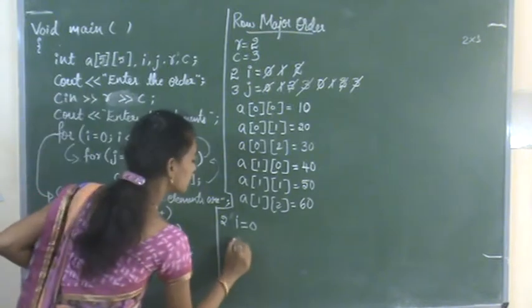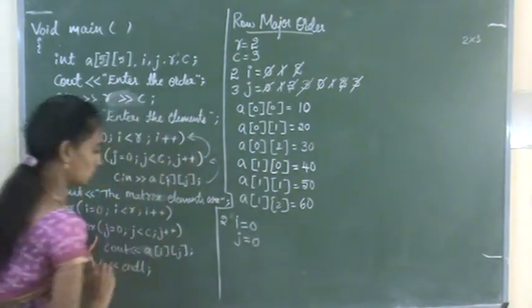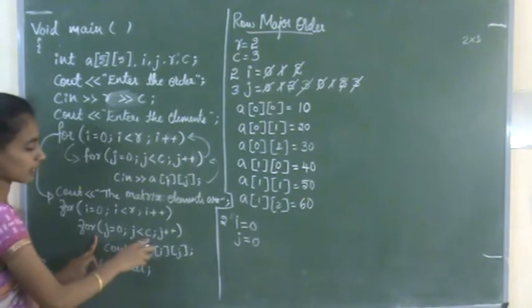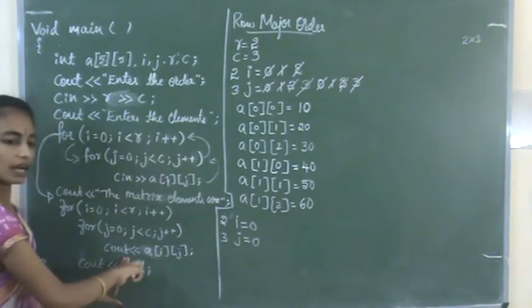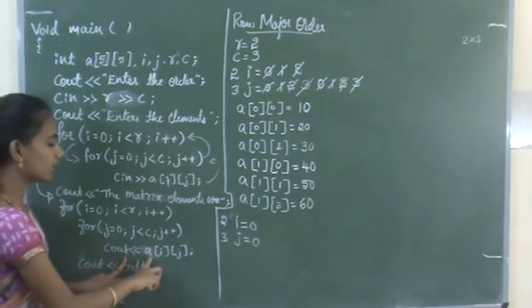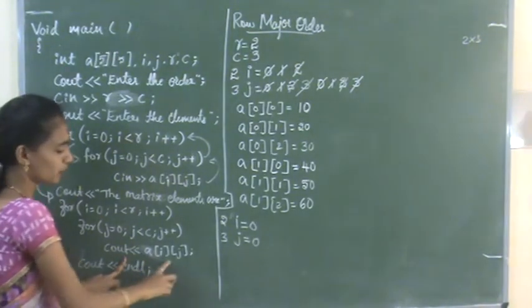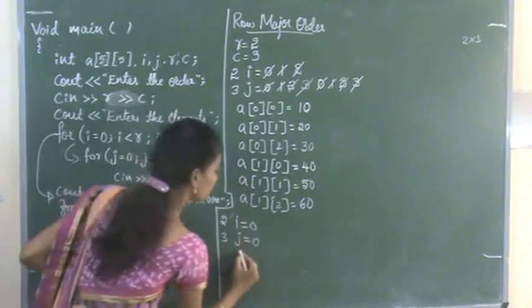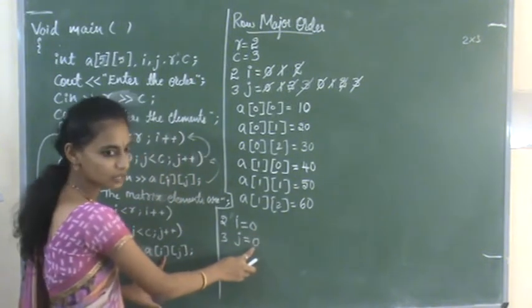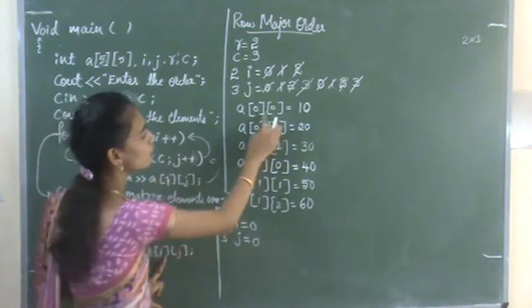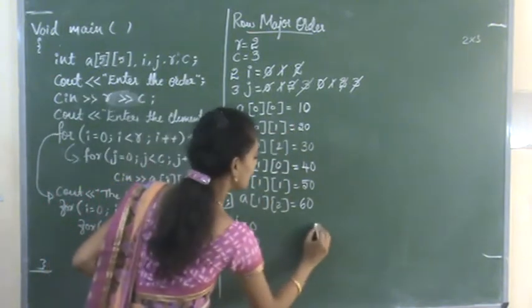J value is 0. So 0 less than 3, true, it will enter into the for loop, right? Here we have a of ij. What is the I value? I value is 0, j value is also 0. So what is a of 0, 0? That is 10, right?